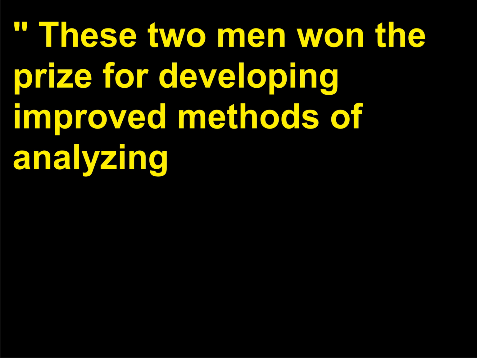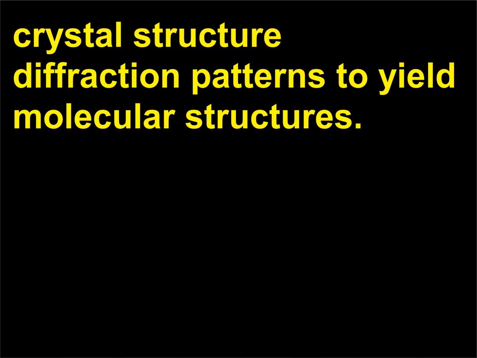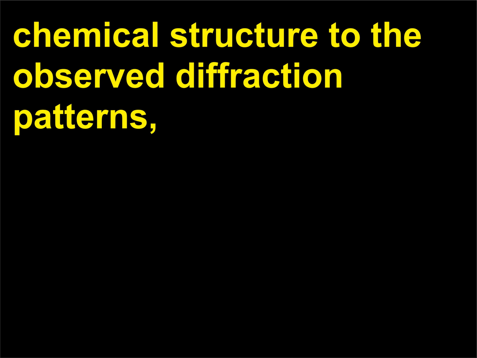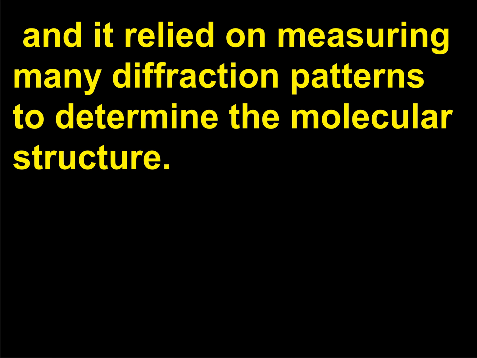These two men won the prize for developing improved methods of analyzing crystal structure diffraction patterns to yield molecular structures. Their method was based on developing probabilistic equations relating the chemical structure to the observed diffraction patterns, and it relied on measuring many diffraction patterns to determine the molecular structure.